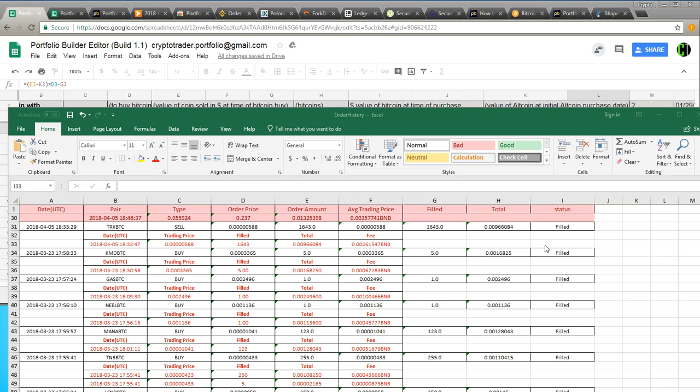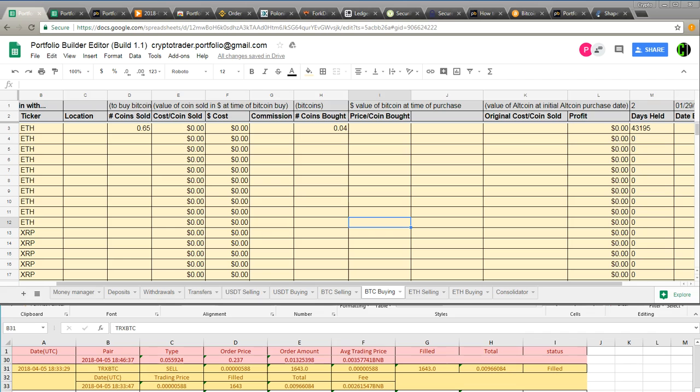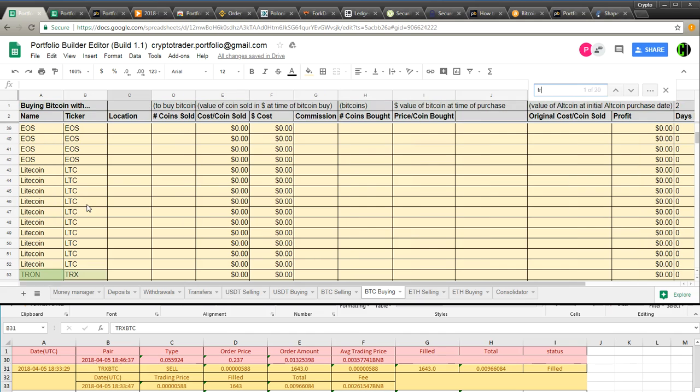Okay, here's a new trade. We have sold Tron TRX to purchase Bitcoin. So this is in the same tab. We are buying Bitcoin by selling Tron. So I'll hit Control F, type in TRX.